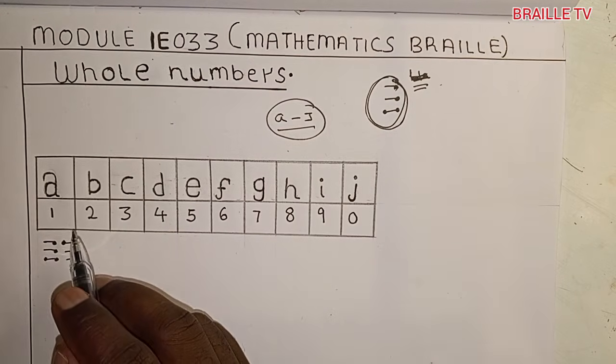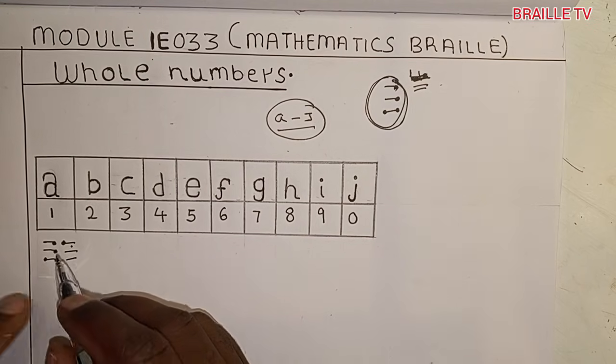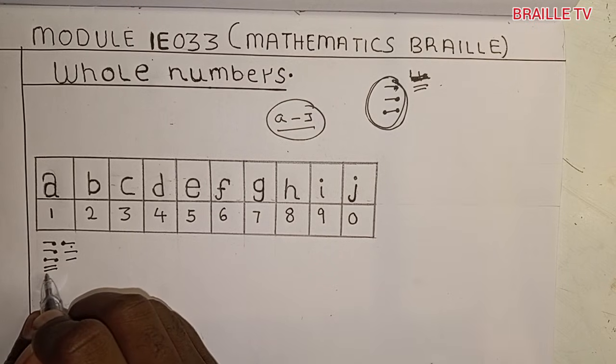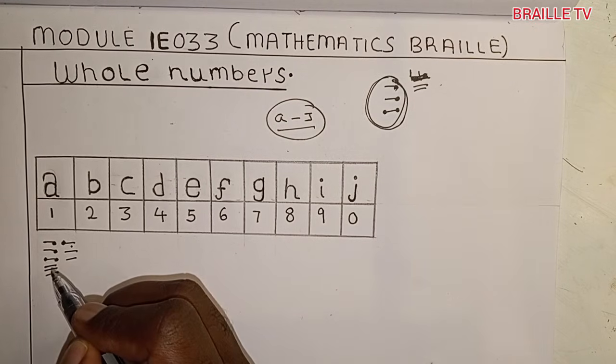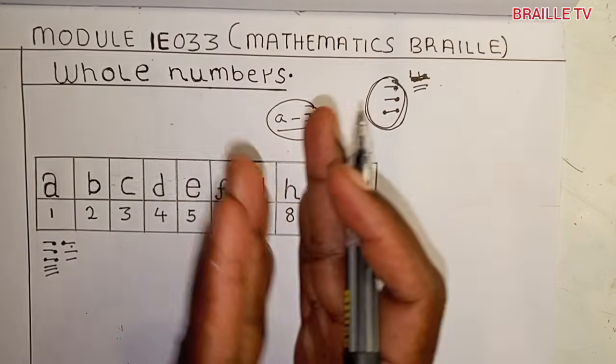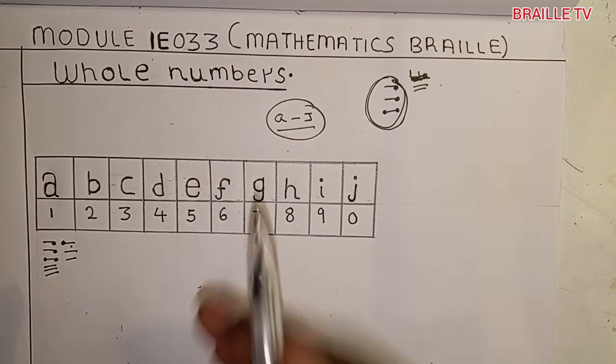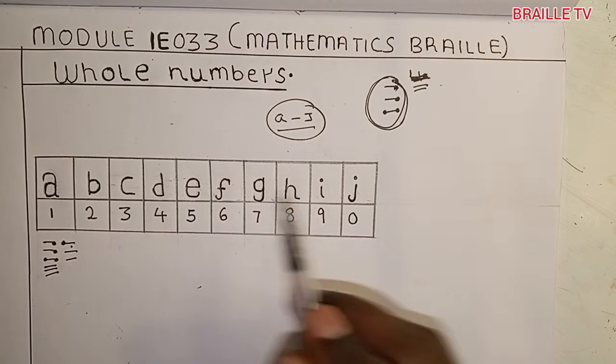So the work of a numeral sign is to convert the letter that follows into a number. But that letter that follows a numeral sign must range from A through J.